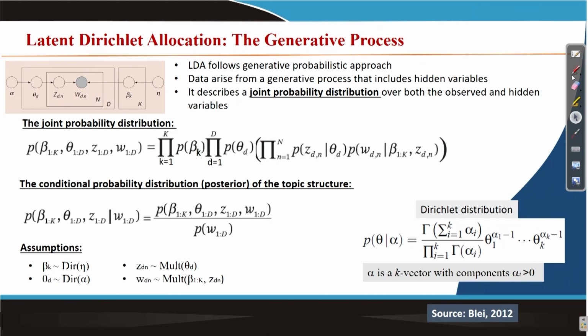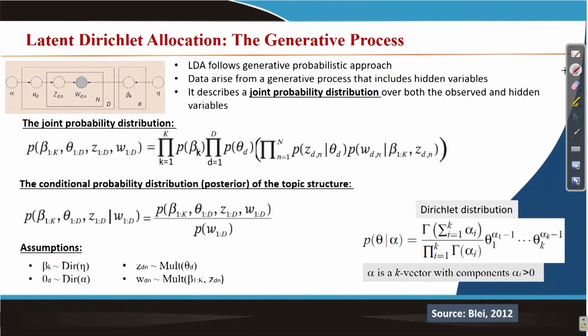Whatever data you are seeing, the words and the hidden topics and other things, the data arise from a generative process that includes both observed and hidden variables. Whatever you see is coming through a generative process. And LDA, the probabilistic approach, assumes that there is a joint probability distribution for both the observed and hidden variables.